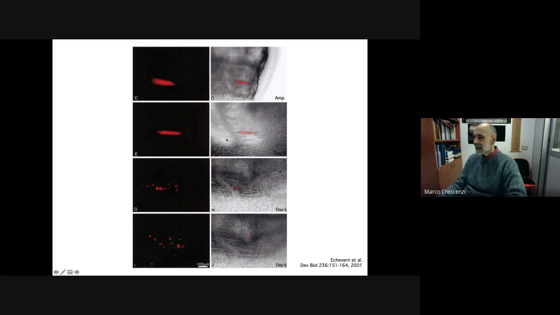Initially, the fiber doesn't seem to react to the amputation, but then it splits into a number of fragments, which are in fact mononucleated cells. You know that muscle fibers are multinucleated, they are syncytial, but it splits into mononuclear cells, which then divide, and then eventually redifferentiate and contribute to the regeneration of muscle and other tissues and other cell types. So this is something that newts can do and we cannot.